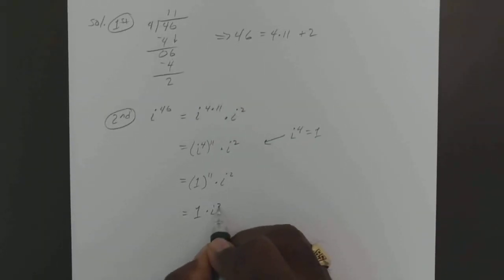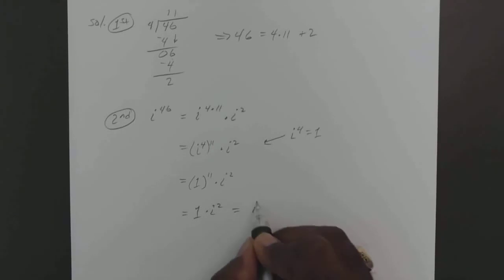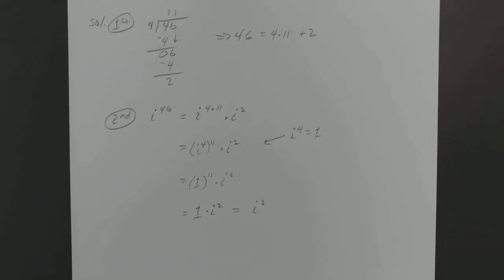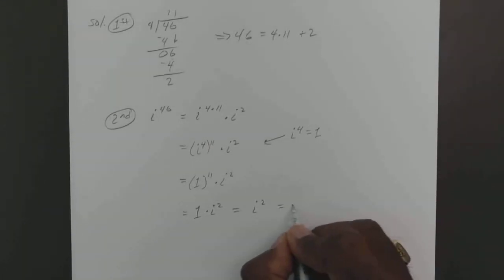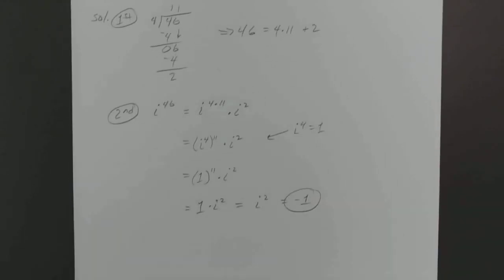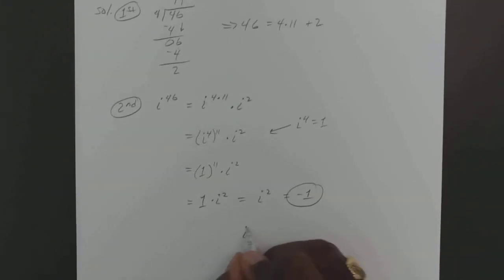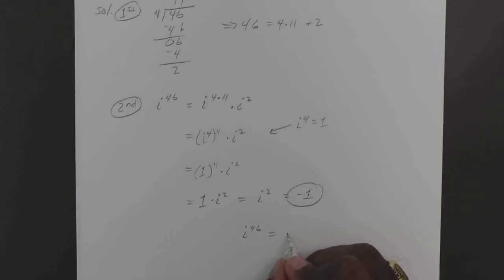And like I said, 1 to any power is just going to be 1. So we end up with 1 times i squared, which is just i squared. We know that i squared is negative 1. So i to the 46th power simplifies to just be negative 1.